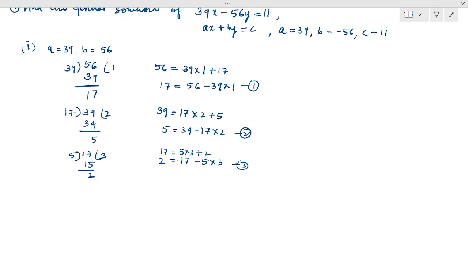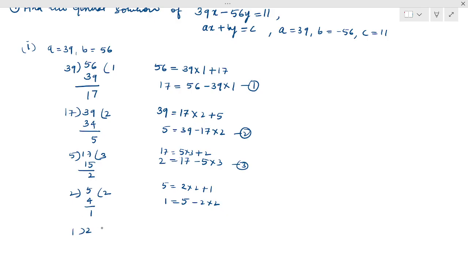Call it as 3. Next, 5 by 2. 2 twos are 4. The remainder is 1. So 5 can be written as 2 into 2 plus the remainder 1, or 1 is equal to 5 minus 2 into 2.